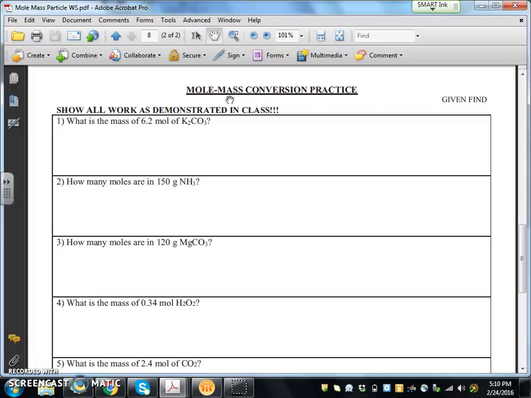So in mole to mass conversion practice, instead of using Avogadro's number, we're going to use molar mass, which we learned to convert in the last video. We talked about how molar mass is equal to 1 mole, and we used our periodic table to help us calculate it. So, in problem number 1, it says, what is the mass of 6.2 moles of potassium carbonate?